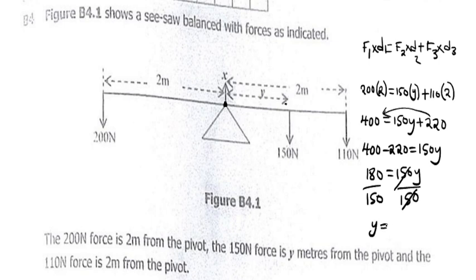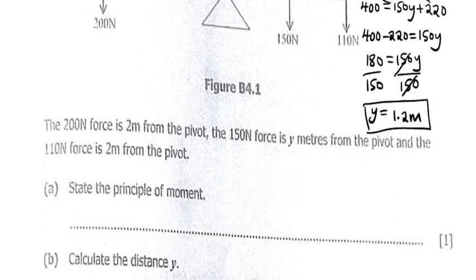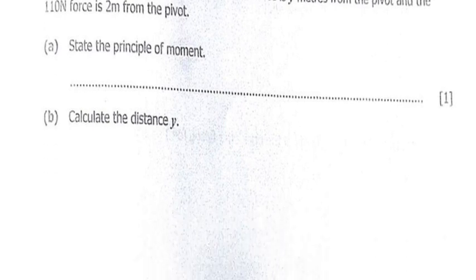Then y will be equal to 180 divided by 150. So we get 1.2 meters. So the value of y on B is the answer for question B. Y is 1.2 meters.